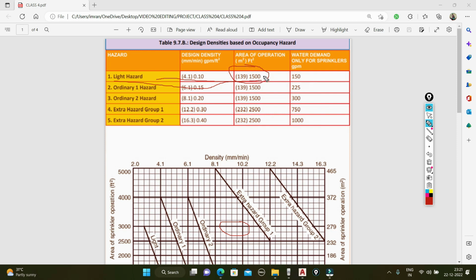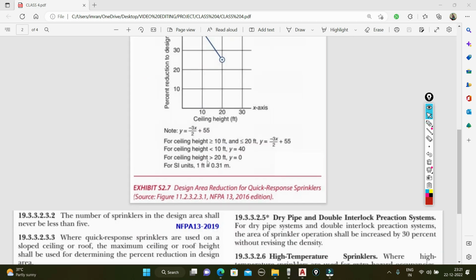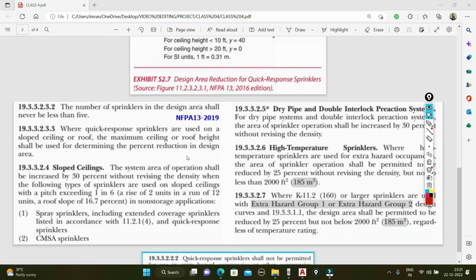We will consider the total 1500 to design our firefighting system. Next, the design area, this one we will consider later.